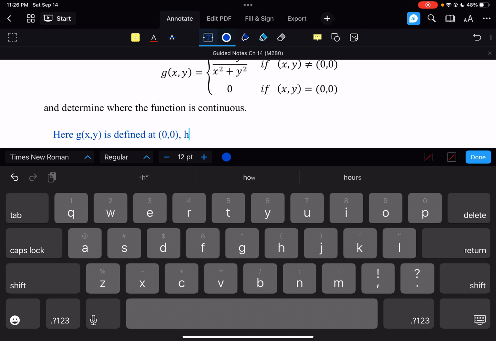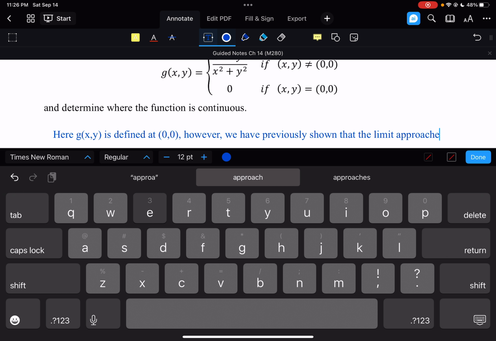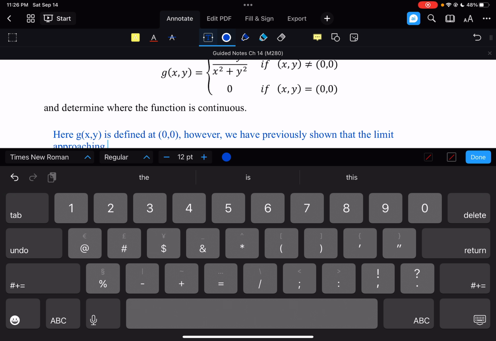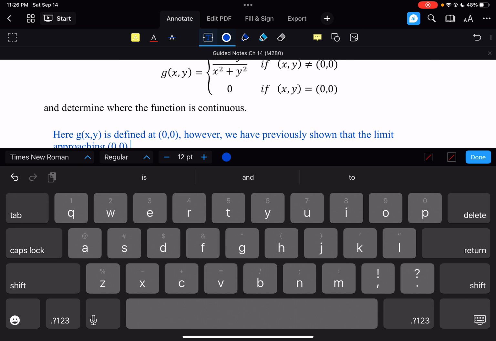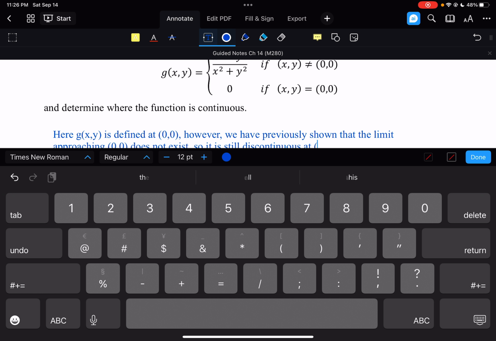So we can say, however, we have previously shown the limit approaching (0, 0) does not exist. So it is still discontinuous at (0, 0).